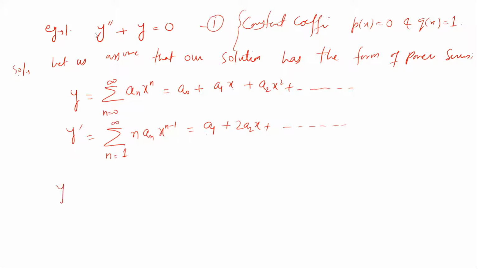Then y double prime is n into n minus 1 a n x to the power n minus 2, which starts from 2 a2 plus so on, so it starts from n equals 2 to infinity.